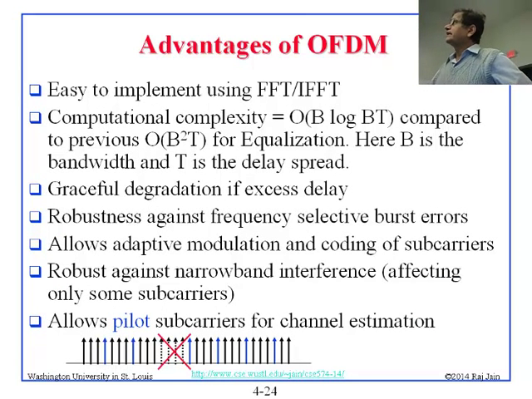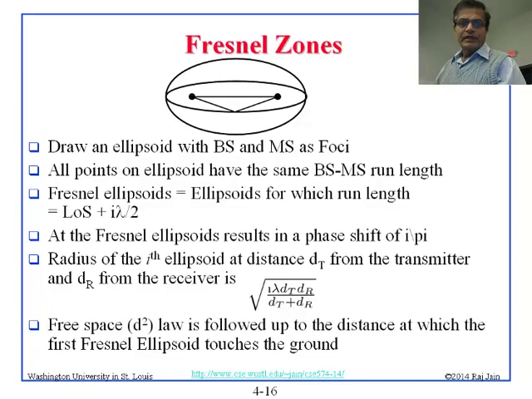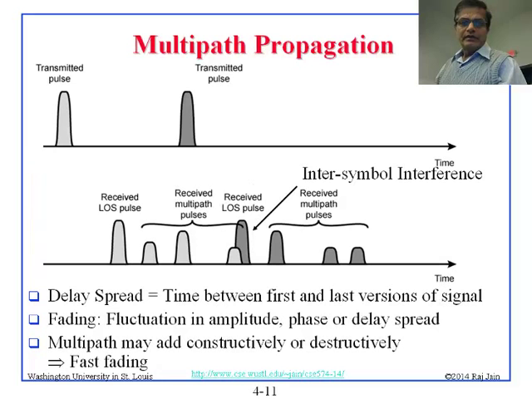B square T, T is the delay spread, and delay spread is simply that idea of, if you remember here, this is the delay spread. You send it here, but this signal is spread all the way up to here. So this is the delay spread, how wide it became in time.